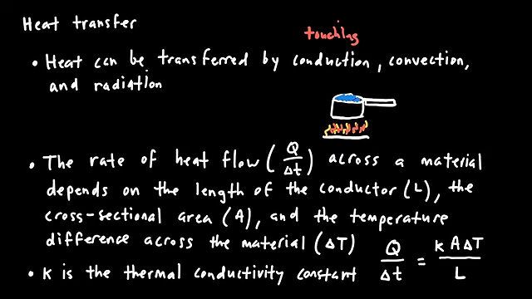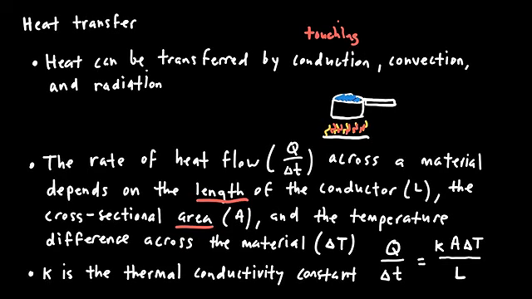And for one of those types of heat transfer, conduction, we learned a little bit more about that. And we learned about the rate at which heat flows across a material, so say a conductor, where that conductor has a certain length and a certain cross-sectional area. And maybe if I have like a bar or a chunk of this material, the left side and the right side of that material maybe are at different temperatures.